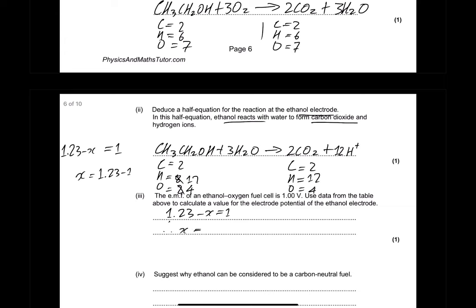Therefore, x is equal to 1.23 minus 1, and that's equal to 0.23 volts.